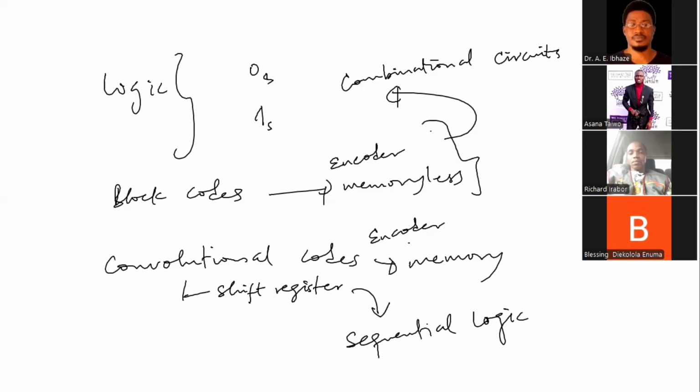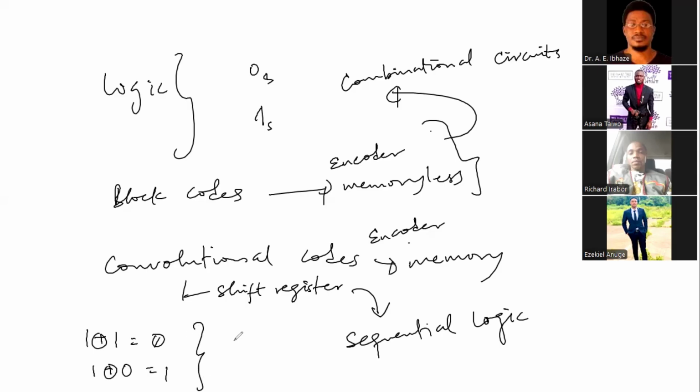Now, the idea is this. If I want to perform my modulo 2 addition, 1 modulo 2 addition 1 is equal to 0, right? And 1 modulo 2 addition 0 is equal to 1.